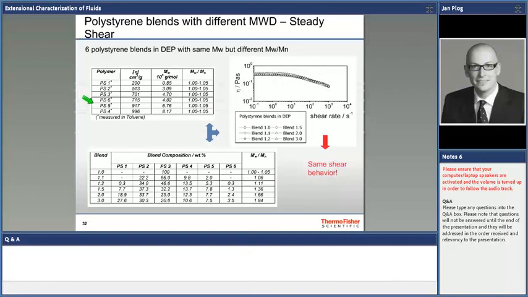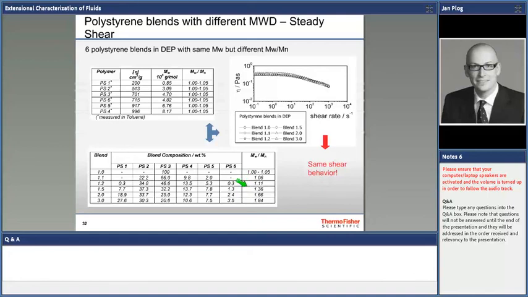Meaning we had 6 different polymer blends that we blended from 6 different polystyrene standards in a way that the weight average molecular weight was supposed to be always the same.